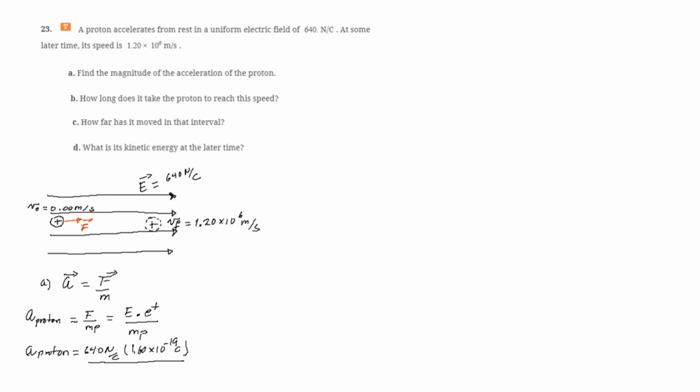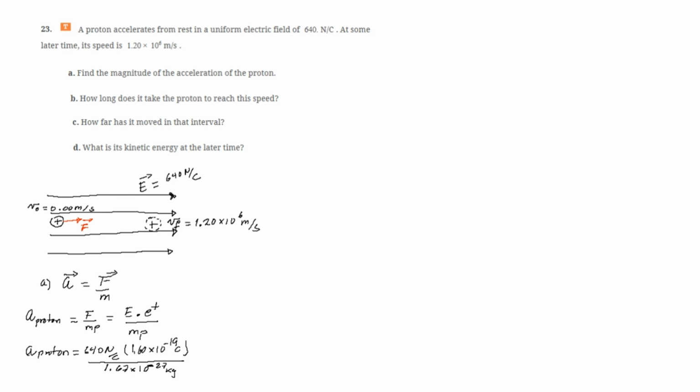The mass is also data you can find in the book or on the internet, which is approximately 1.67 times 10 to the negative 27 kilograms.